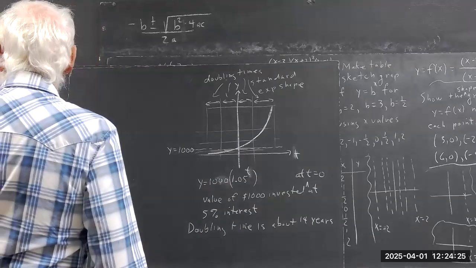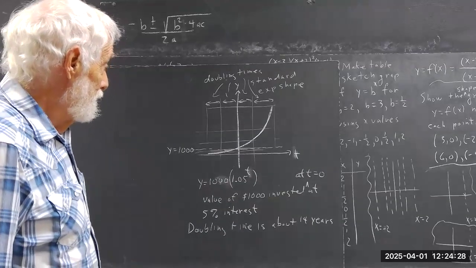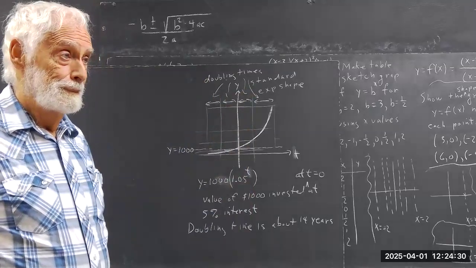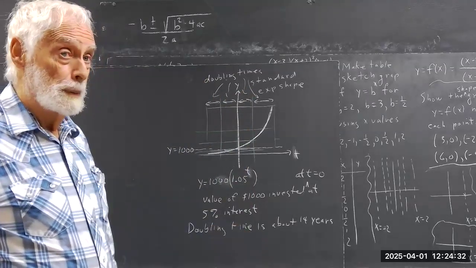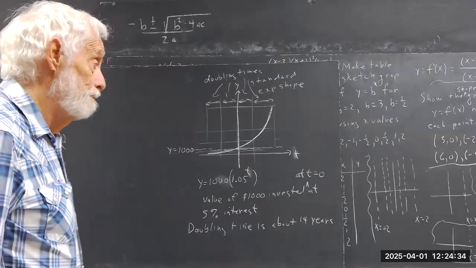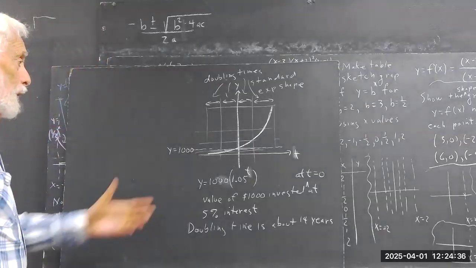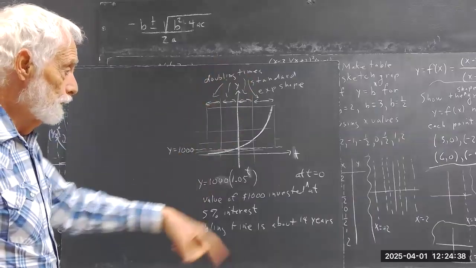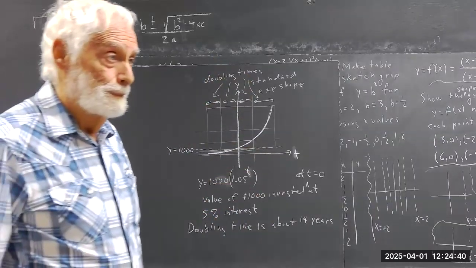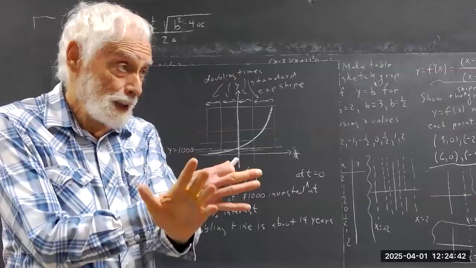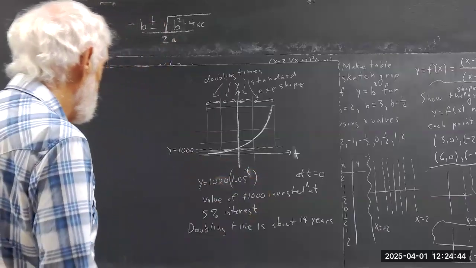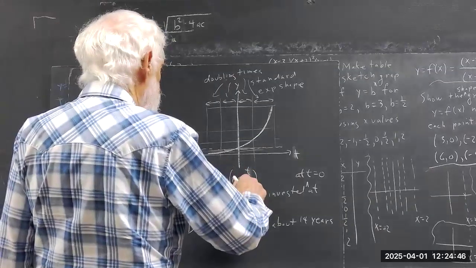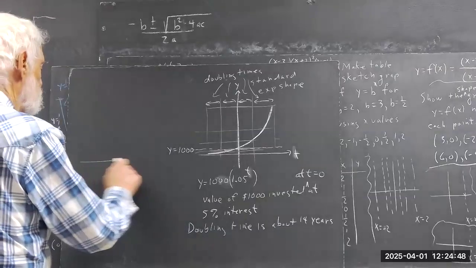That's a big deal. The way we calculate the doubling time, how do you do the inverse function to the exponential function? You swap x and y. Quickly.